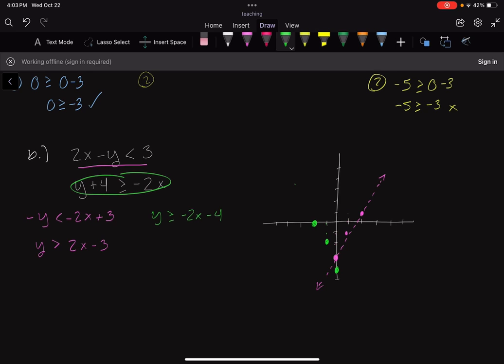For this one, it's a solid line, something like that. And now I'm just going to go through and test a bunch of points. So let's try 0, 0 because I love to try 0, 0.